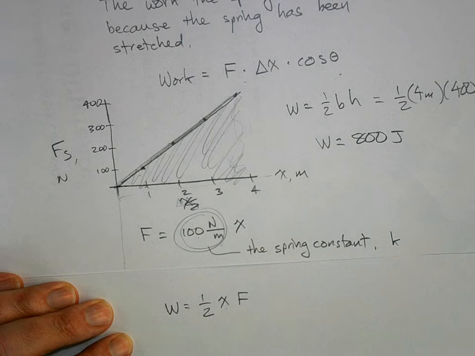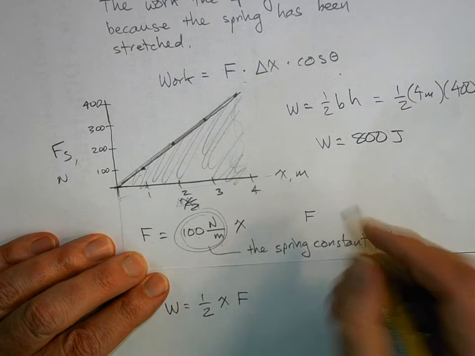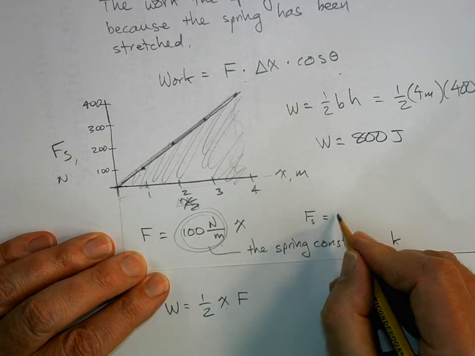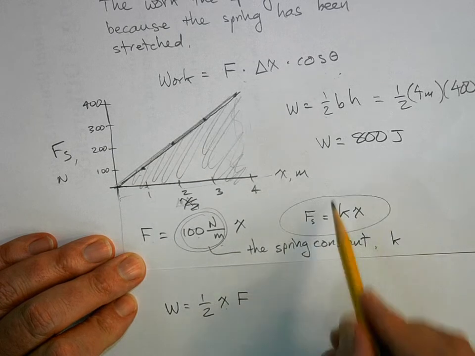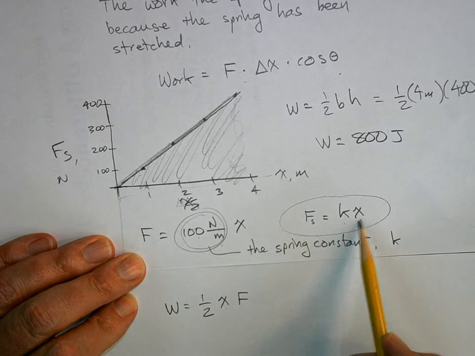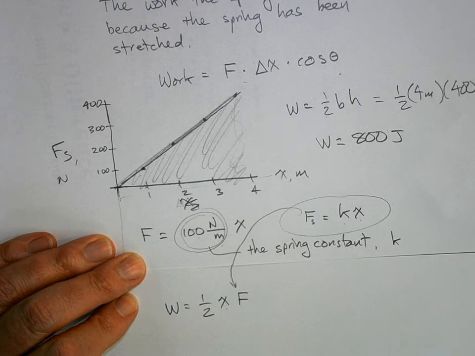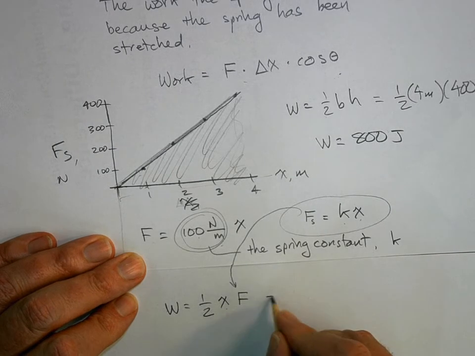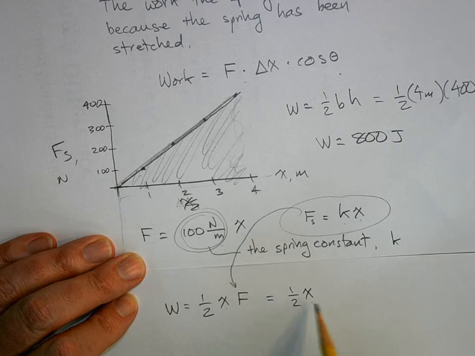But what did we say the force is equal to? The magnitude of the force that the spring applies is equal to kx, k is the spring constant times x. So I'm going to substitute that in here. One half x, that's 1/2 the base times the height, but the height is equal to kx.